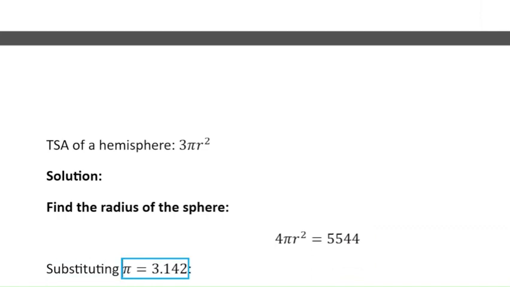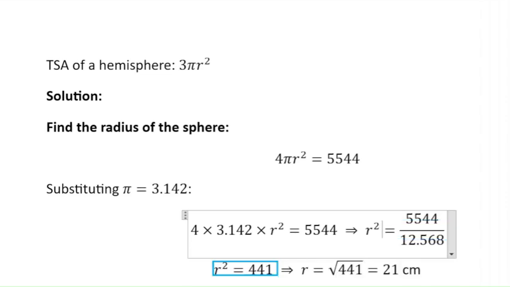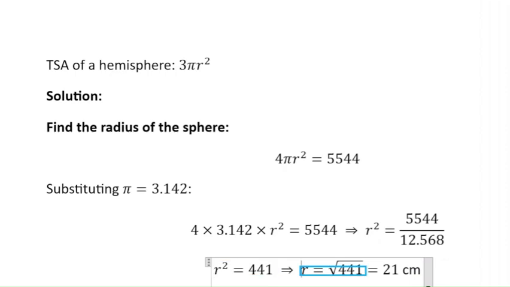Substituting pi equals 3.142: 4 times 3.142 times r squared equals 5544, which implies r squared equals 5544 over 12.568. r squared equals 441, which implies r equals square root of 441 equals 21 cm.